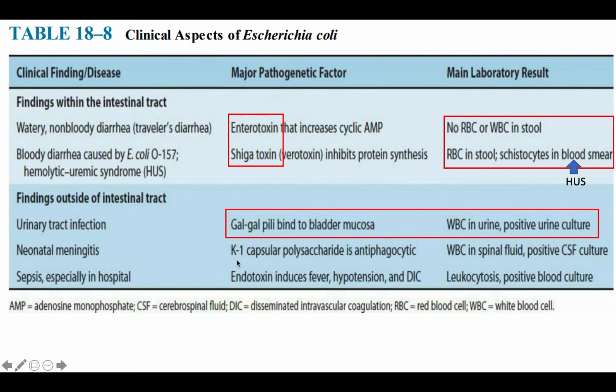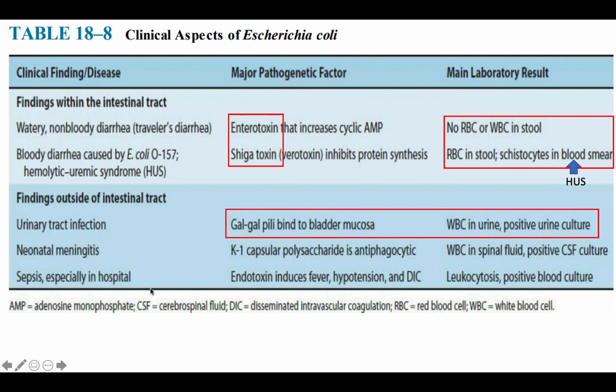Neonatal meningitis: we said for every meningitis in the world, what is the major pathogenic factor? The capsule. So K1 capsule again. And then when you do a lab on the CSF, you see a positive CSF culture, white blood cells in the CSF, low sugar, high protein. So this is neonatal meningitis, bacterial meningitis. This is the same profile as any bacterial meningitis.